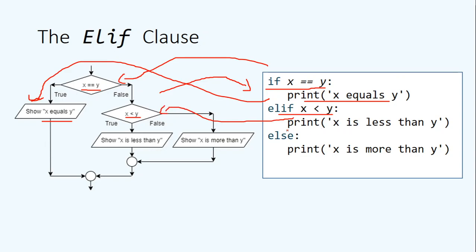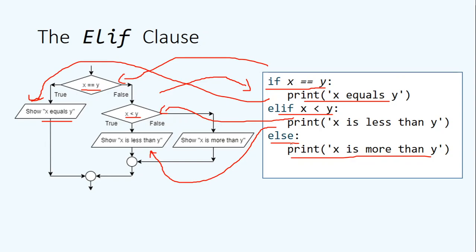If this is true, then you want to print x is less than y. Otherwise, if that's not true, then none of the above conditions are true. So x is not equal to y, and x is also not less than y, and hence you come to this statement, and that is executed via the else clause.